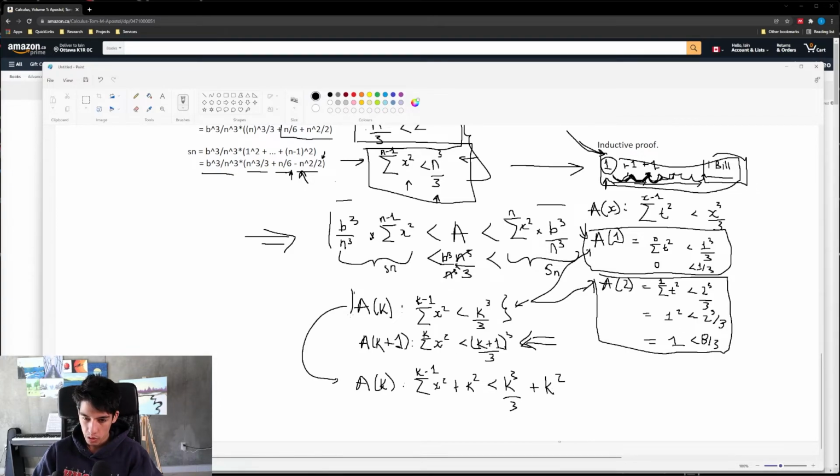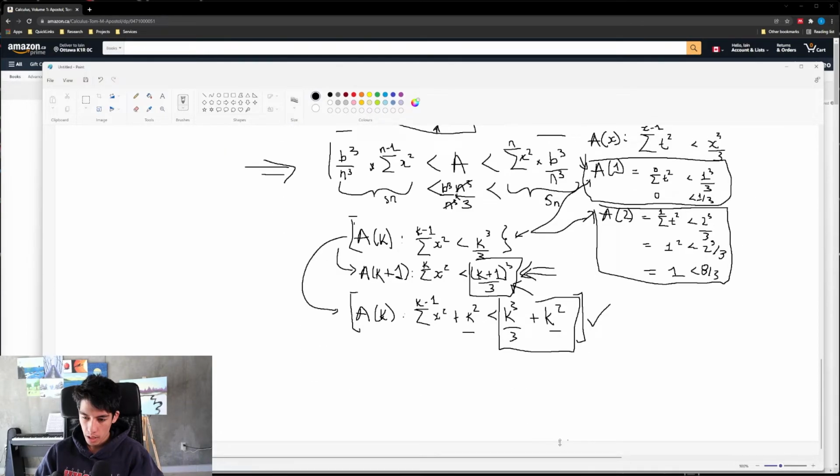Because we know this was true to begin with, this is also true because we're giving equal treatment, adding k squared to both sides. So this is a reliable statement. This is true. That's supposed to be a check mark. All we have to do now is show that if this is smaller than the thing we're trying to prove, then this statement is also true.